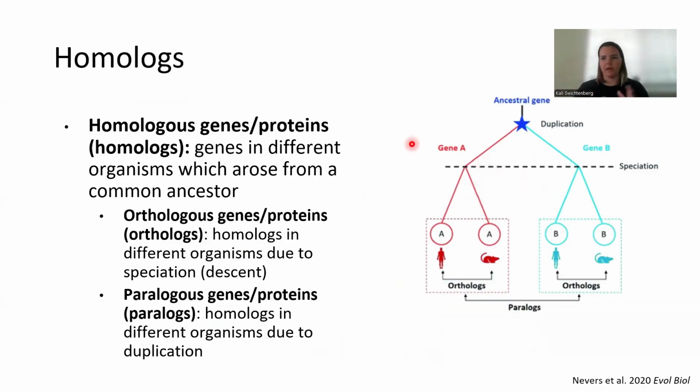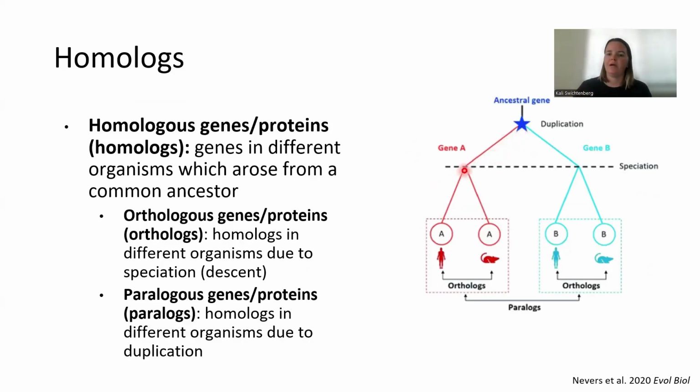And we can further break up homologs into orthologs and paralogs. So orthologs or orthologous genes are homologs that are in different organisms due to speciation.